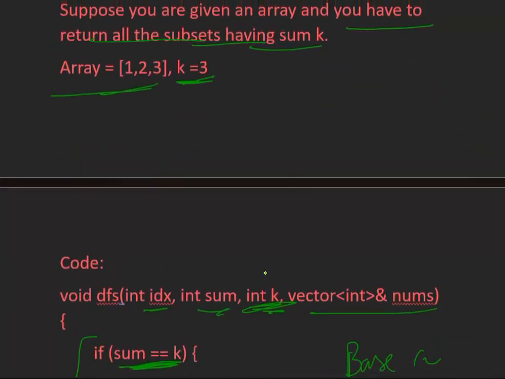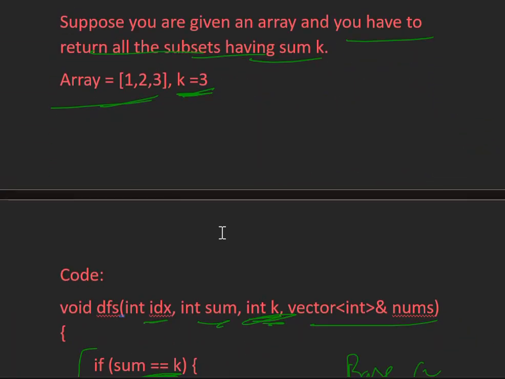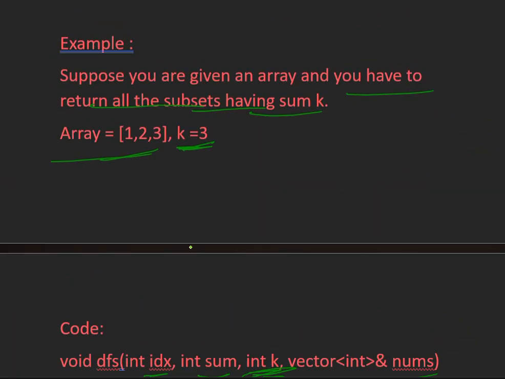So if you see here, let's say our array is 1 2 3, and we want the sum as 3. First case for 1, initially our sum is 0. If we pick 1, then sum is equal to 1, and in path we have pushed 1.